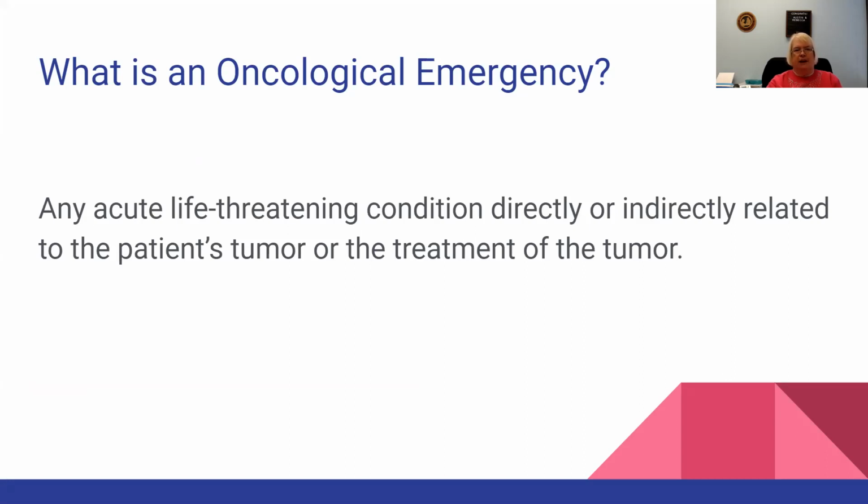It is an acute life-threatening condition that's directly or indirectly related to the patient's tumor or the treatment of that tumor. Understand that weight loss and potassium are not related to any of what we just covered. So that's why they're not in there. So don't be thinking that if you get an oncological emergency question, those would be. They are not, okay?